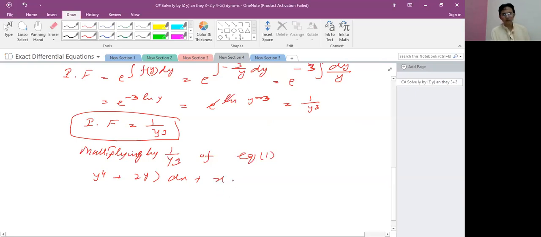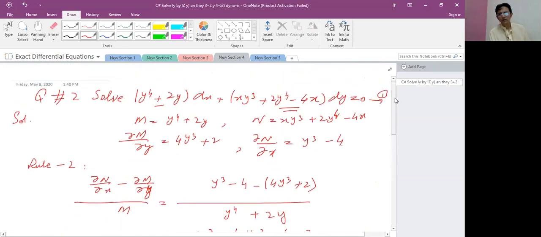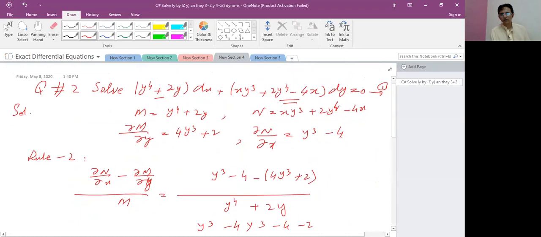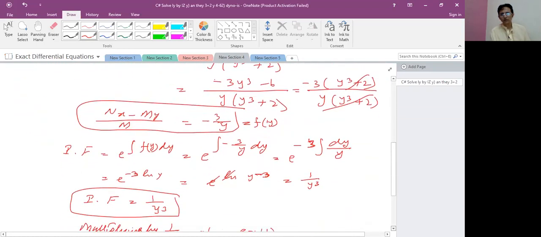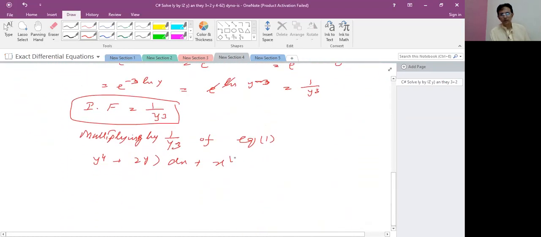xy cube plus 2y4 minus 4x into dy, which is equal to 0.